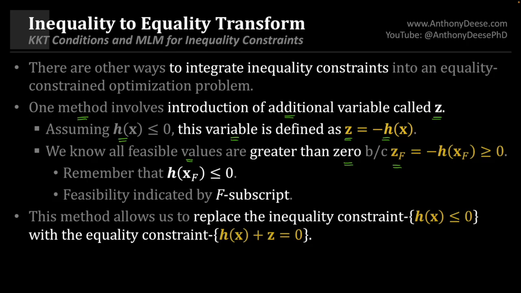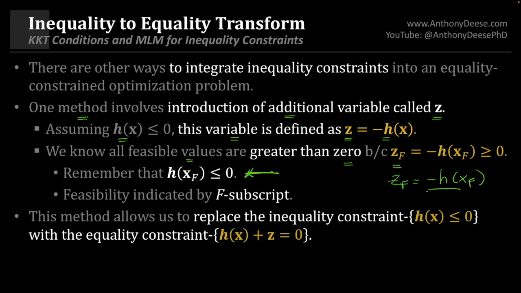So if we say that z feasible is equal to minus 1 times h of some feasible x, and we know that h of any feasible x will be less than or equal to 0, that's by definition, right? The feasible state has to satisfy this inequality.